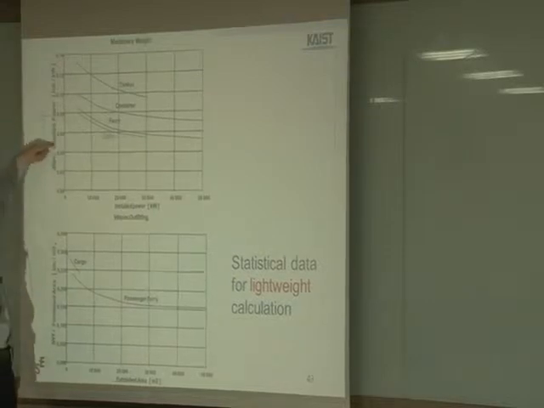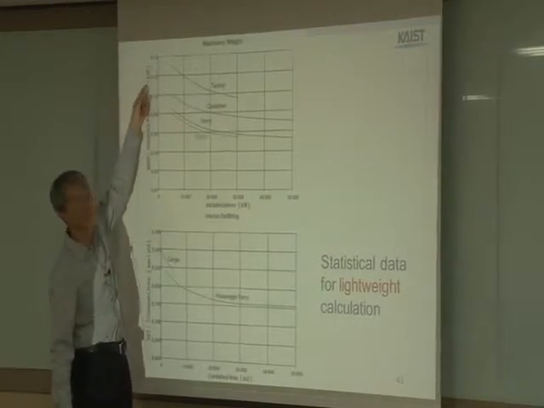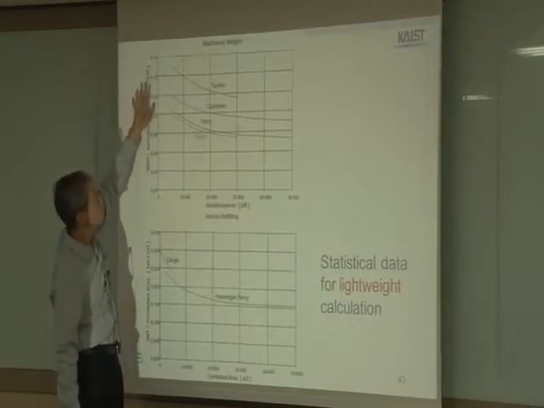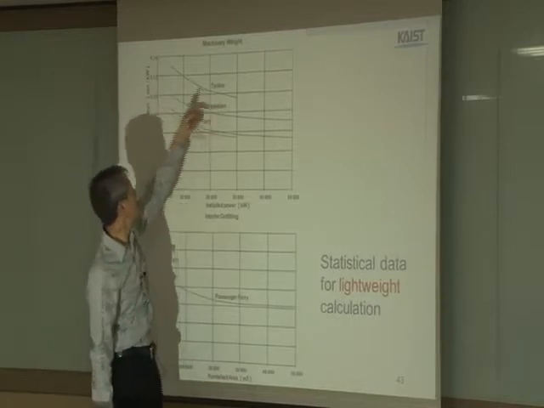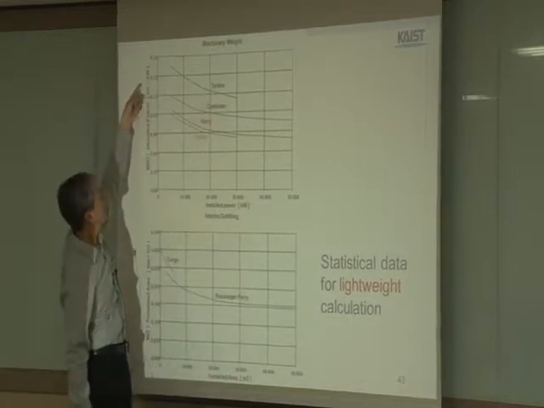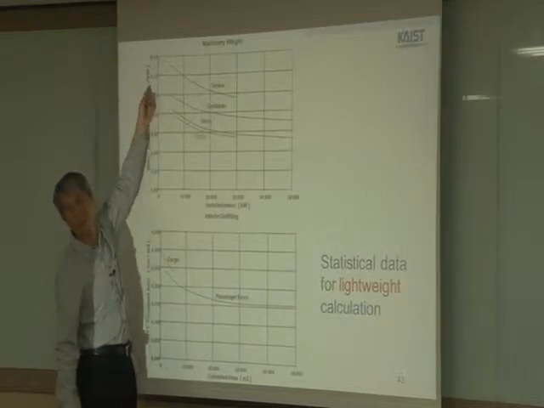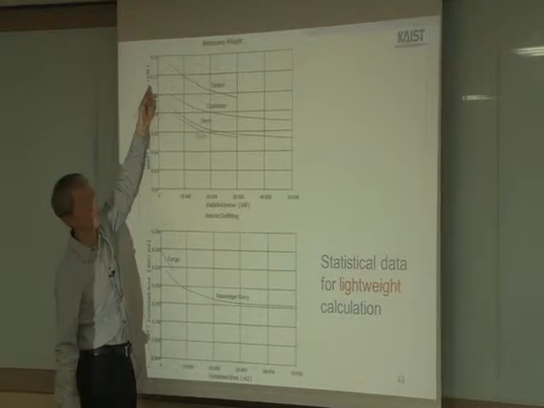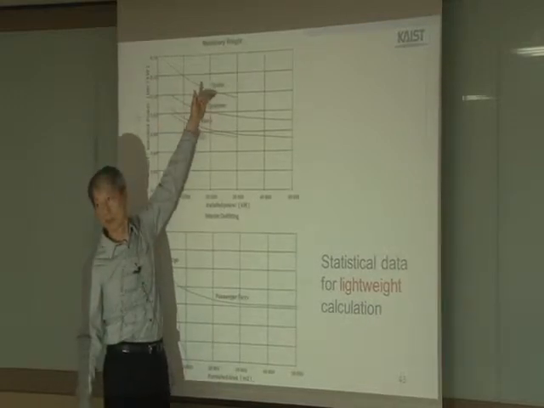And then per installed power, ton per kilowatt. This is easier, right? Ton. So weight-power ratio. The tanker has a higher ton per power. So it should be a slow ship, right? The oil tanker has higher ton per same power.